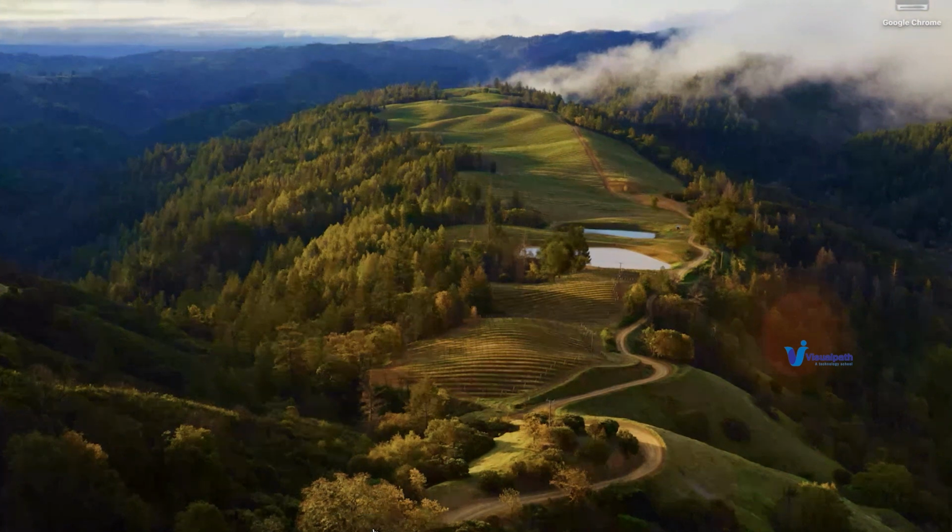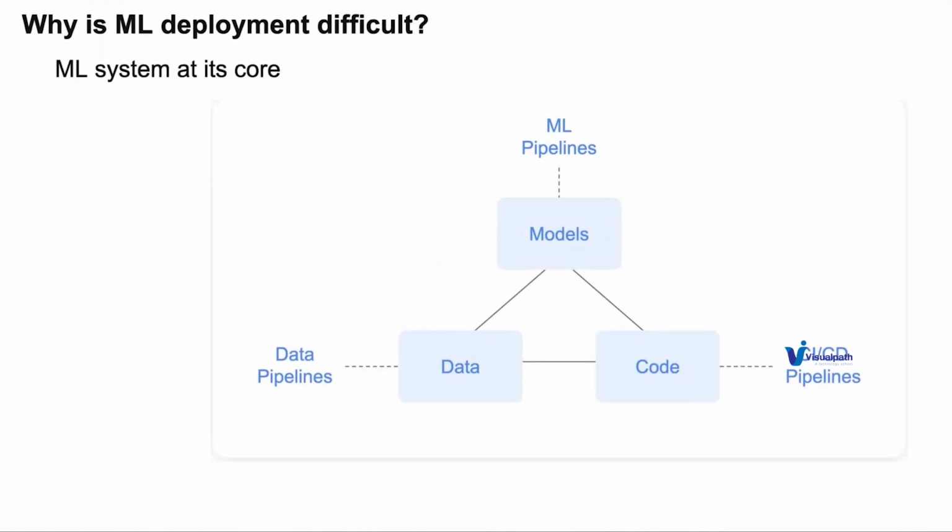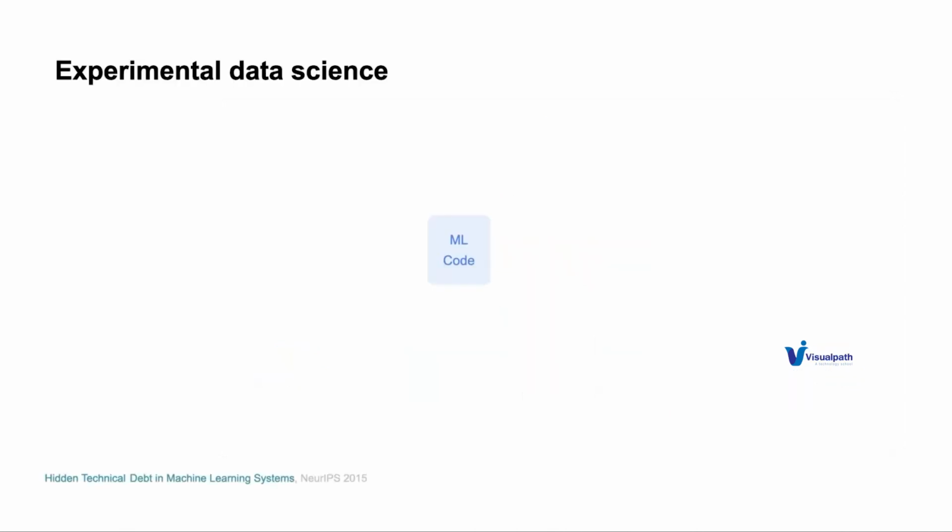So, not disturbing the flow right now, we were discussing the deployment difficulty and what an ML system is at its core. We understood what three components we have, what three pipelines we are dealing with, and what experimental data science is.